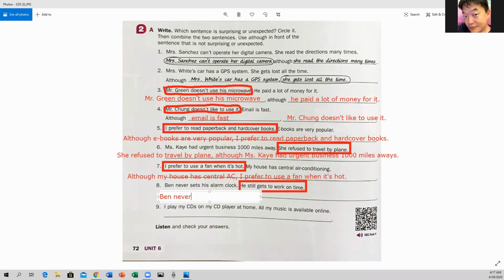Ben never sets, oops, sorry. He still gets to work on time. Now, although Ben never sets his alarm.